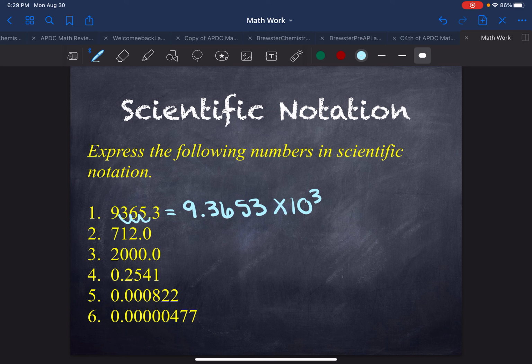Let's repeat the process with number 2. So I have 7.120 times 10 to the second. Repeat again with the next number. 1, 2, 3.